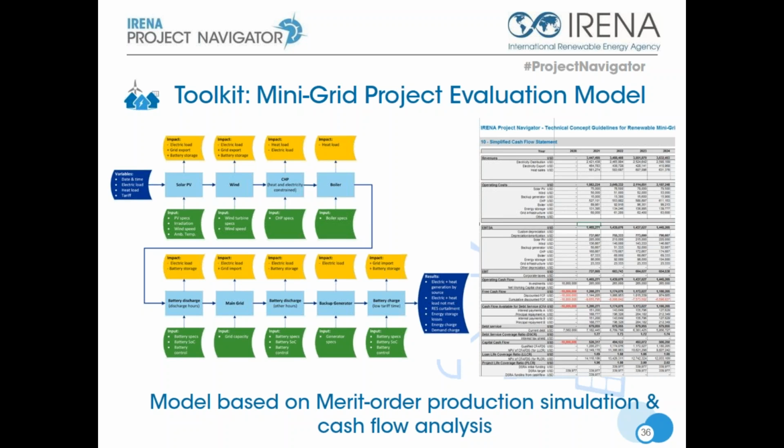The model is based on a merit order production. So the model will first start to look at renewable energy generation, then look at how it integrates with backup generation and storage to be able to provide the objective parameters or outcome of the mini-grid project.